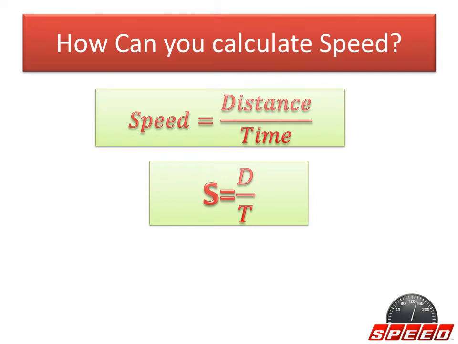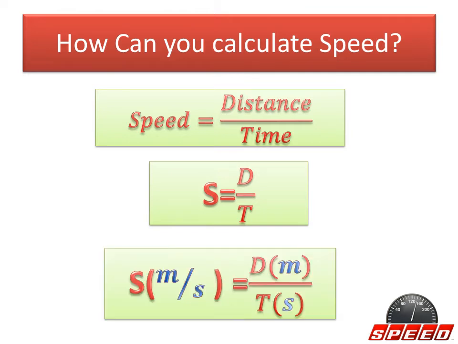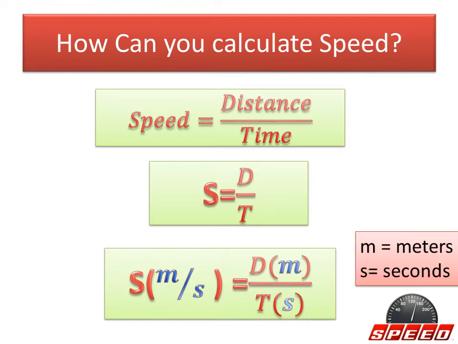S equals d over t, or S equals distance over time. Now let's use the units. Speed in meters per second equals distance in meters over time in seconds. M stands for meters. S stands for seconds.